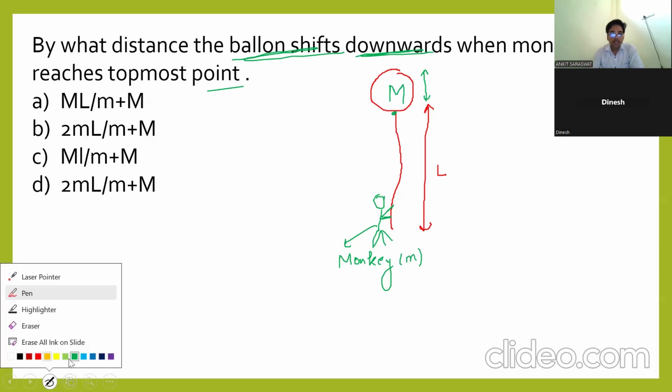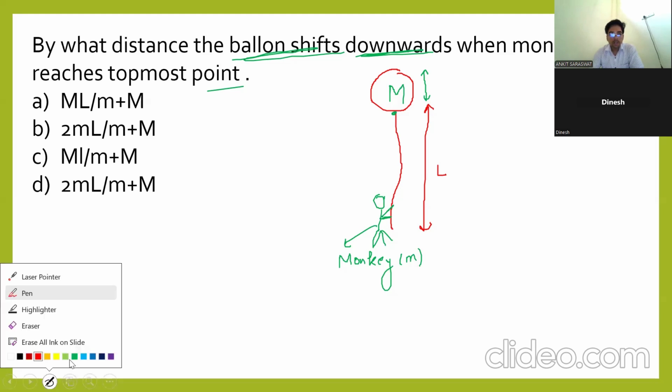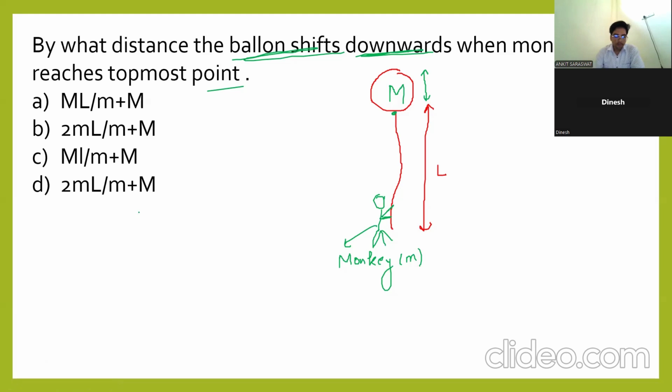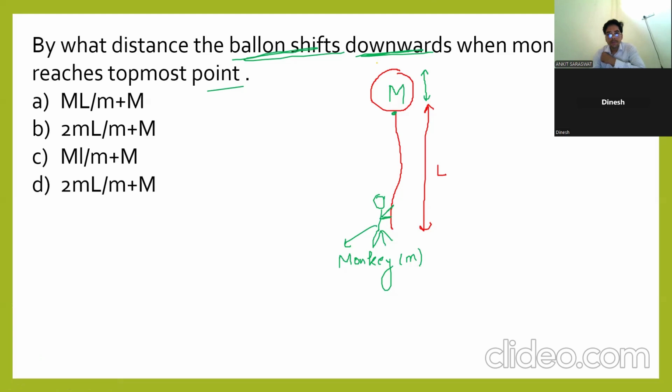Now, if you look carefully at this question, can you solve this? Sir, I'll try to solve. Initially, system is at rest. Nothing is given. This is our system, monkey and balloon.